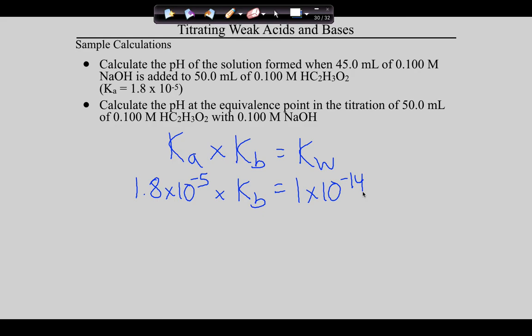I would reserve some space on the right side of the paper to do side calculations, like figuring out how many moles of acetate ion, or figuring out Kb from Ka. I would leave a little channel down the right where I could do that work. So then, when you're doing the equations, you just jump to that answer and bring it over, so they'll just know that you did it.